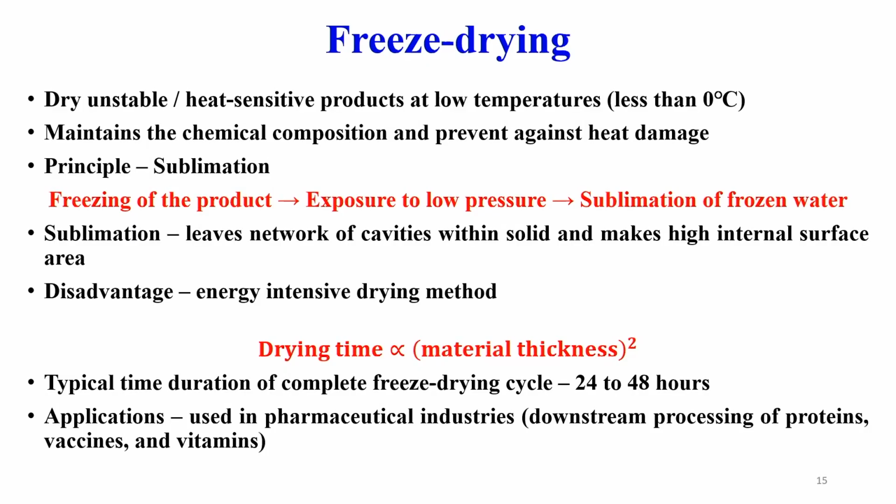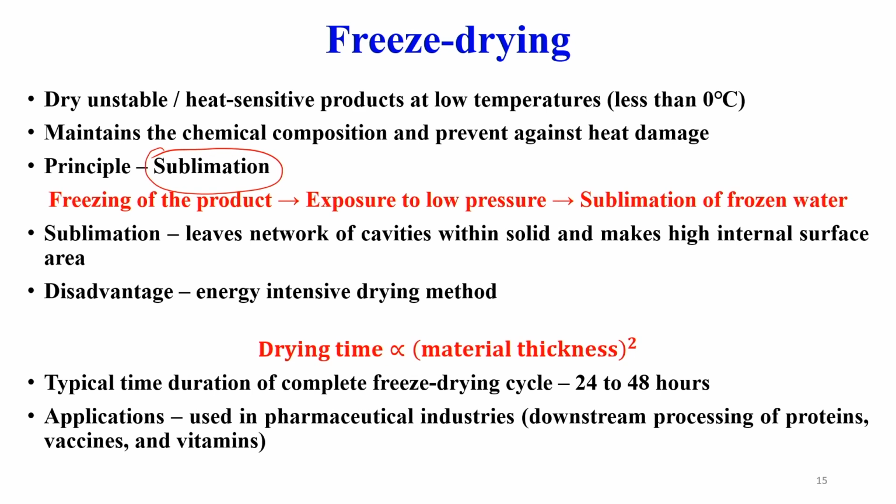Now, in the case of freeze drying, there is a slight change in the principle of evaporation. Earlier we said the removal is by evaporation, now here the removal is through sublimation.